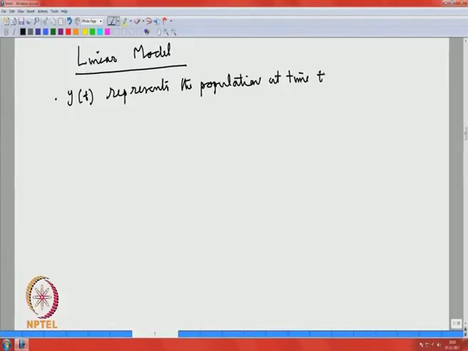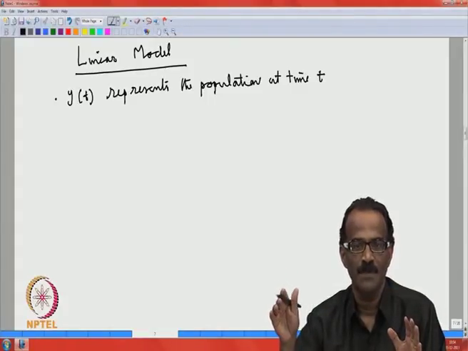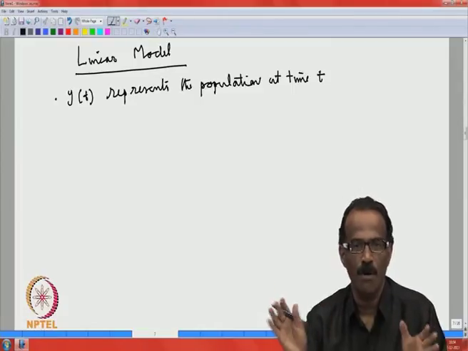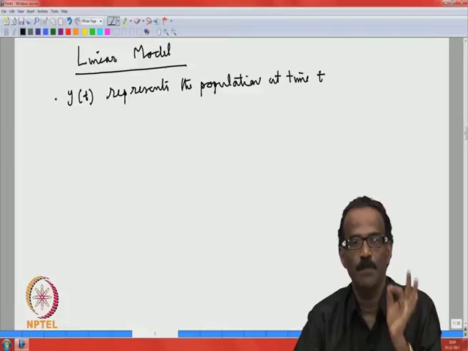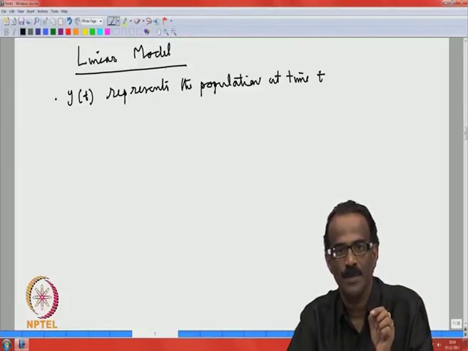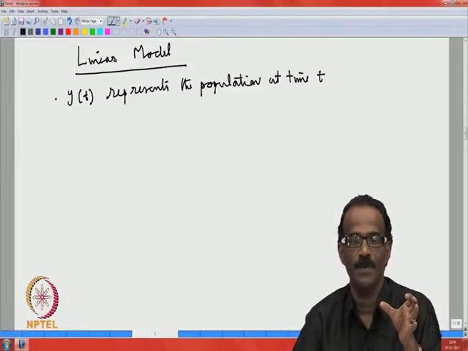I want to do that one. So, suppose a population is growing just based on the population, no influence from anywhere else, you have enough space, no competition, no natural disasters, nothing. It depends only on the number of people available.